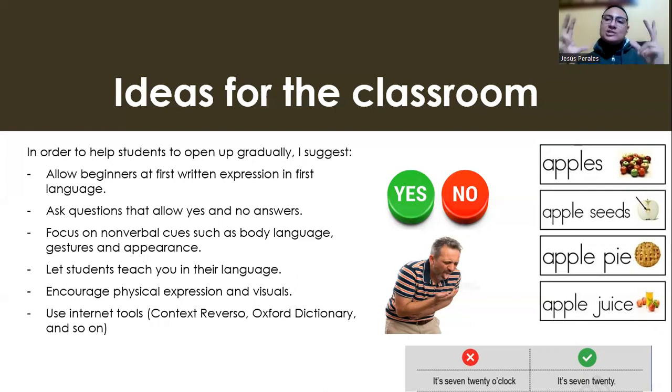So, helping the students with images so they can start making their relations, not only with the main word, which may be apple, because they may know it already, but how that word can be involved with other words and can mean something really different.